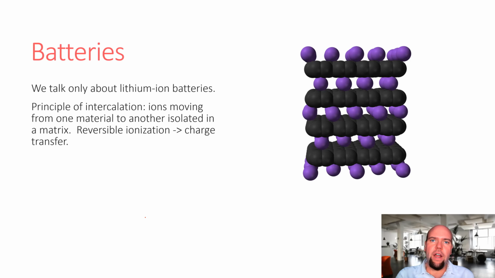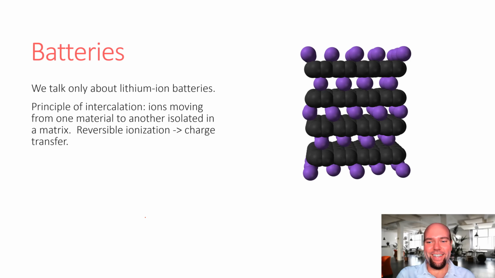And usually they become trapped through ionization or protonation. So they either gain or lose an electron or gain or lose a hydrogen. There's lots of ways to do it, but basically usually there's some sort of state change that causes them to become trapped.